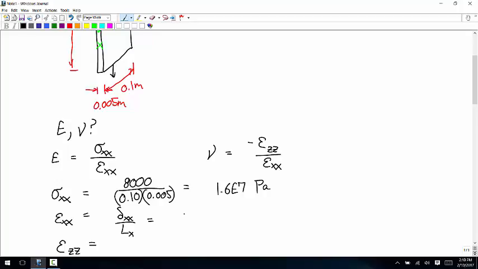So that's 0.25022 minus 0.25, divided by 0.25. And what do you get for that? 8.8 times 10 to the negative 4.